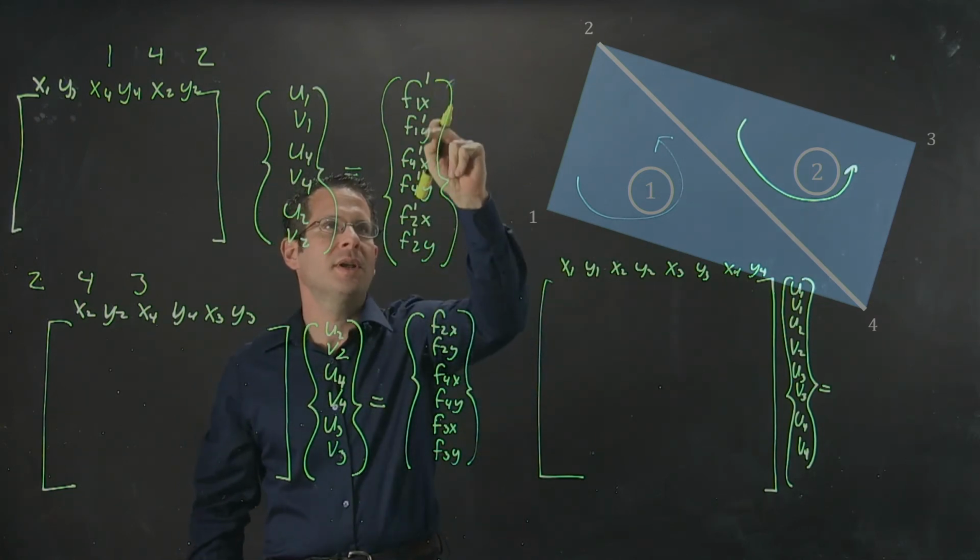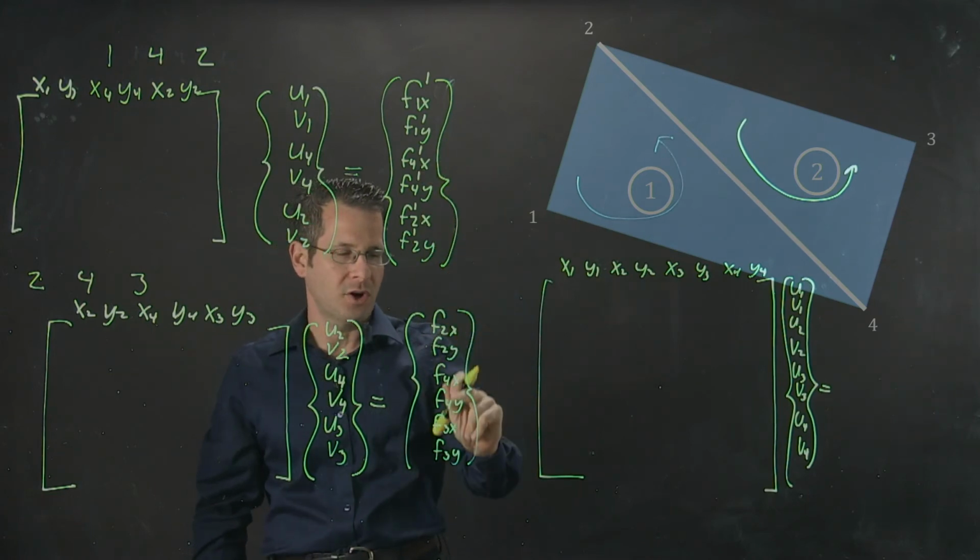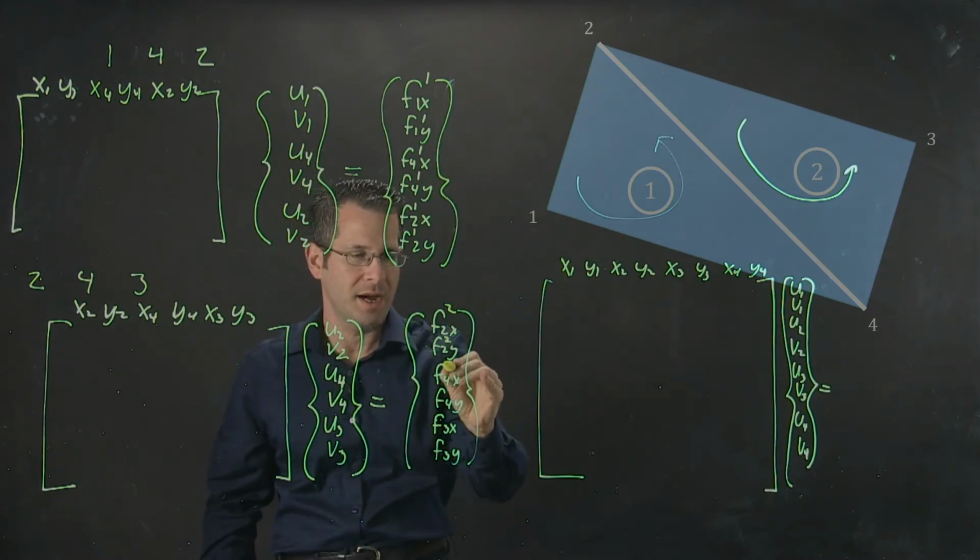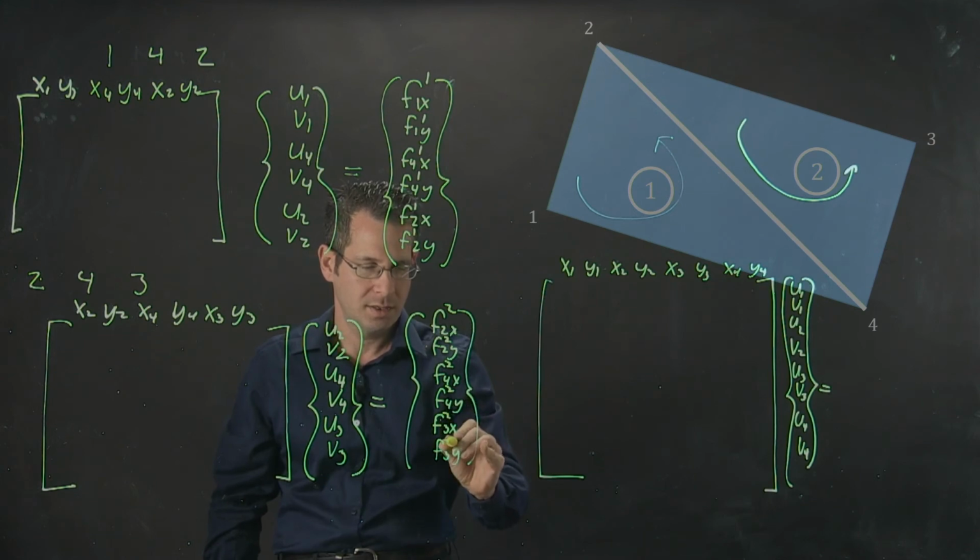These are all the components from the first element. These are all the components of the second element. I should label that with superscripts here.